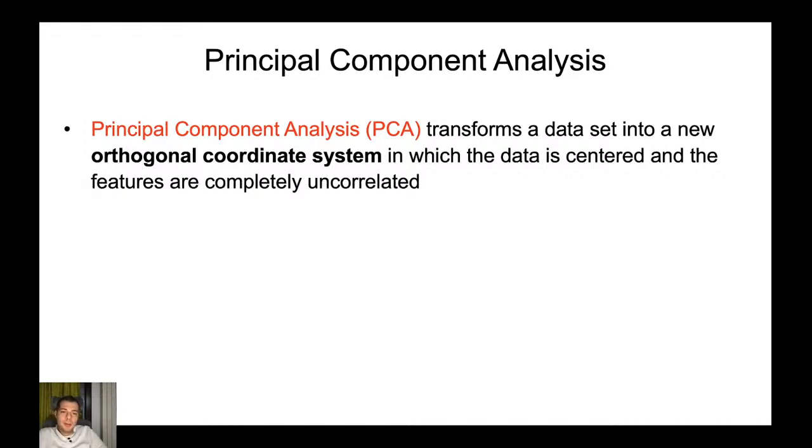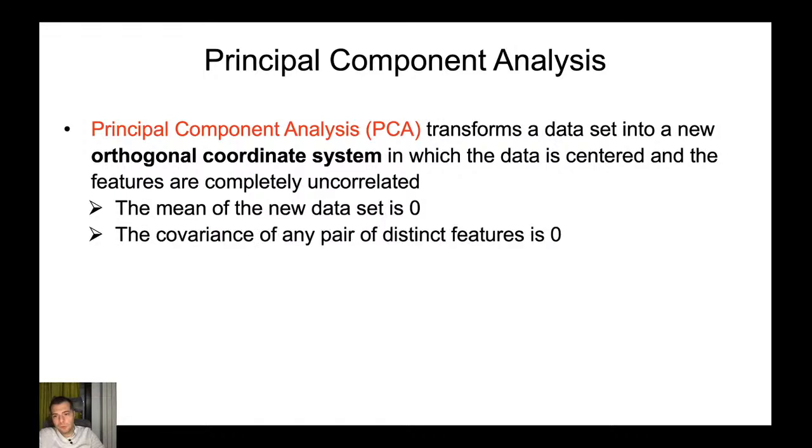Okay, so what we started with is to try to find an orientation, or a coordinate system, in which the data keeps most of its variance. In this new orthogonal system, the data is centered, and the features are uncorrelated, so the features are orthogonal.